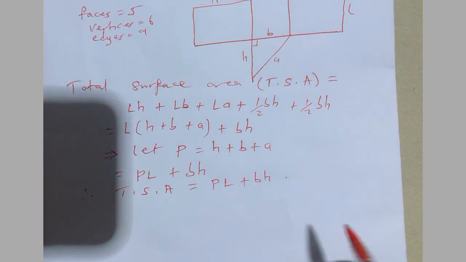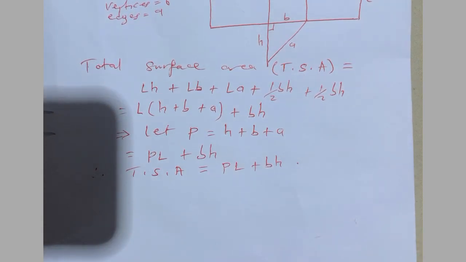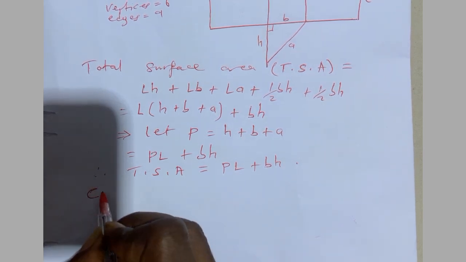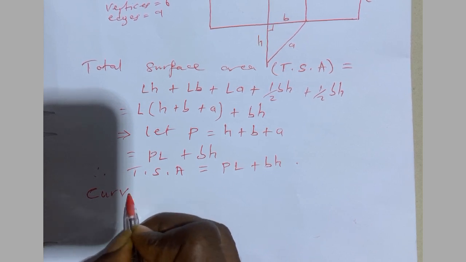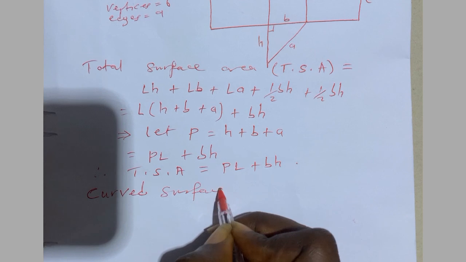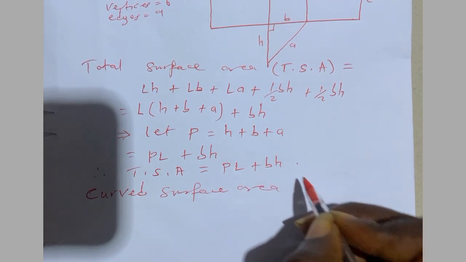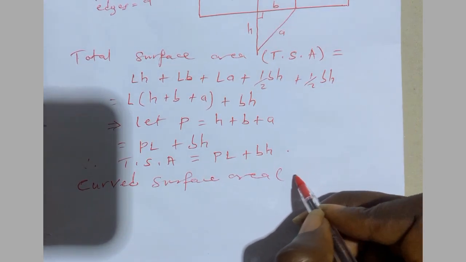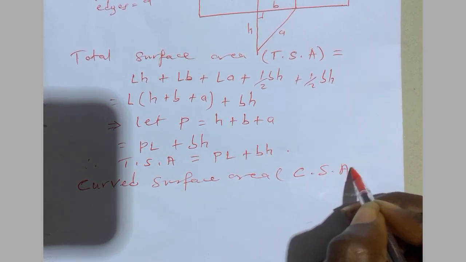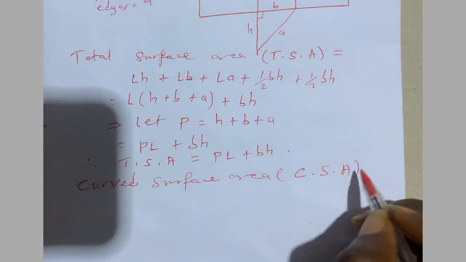Now, having gotten the total surface area of a triangular prism, our next thing is we're going to look at how to determine the formula for the curved surface area. And the acronym for the curved surface area is CSA, okay, curved surface area.